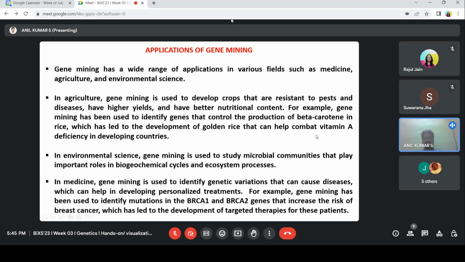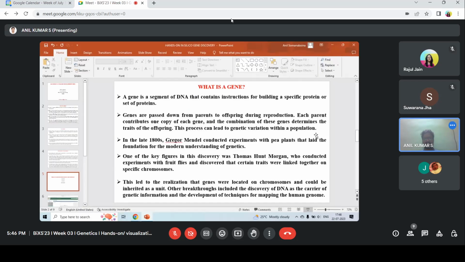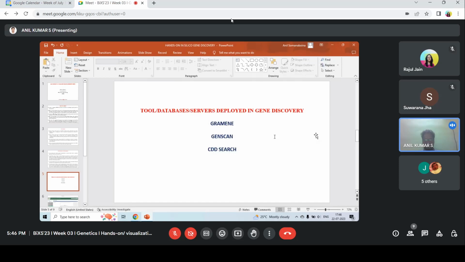Now, going straight into the hands-on experiments, I will show you on the screen how you can mine the data. Taking one example, suppose you know one gene in one organism, and you want to identify the same gene in other organisms whose sequencing is already done.